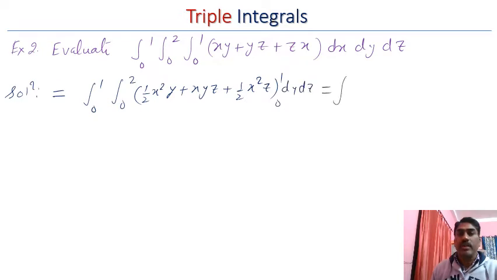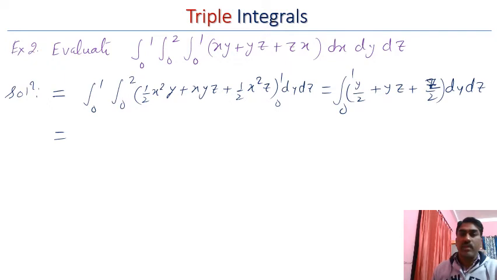So we get the integral of y by 2 plus yz plus z by 2, dy dz. Now again you can evaluate any one first, either y or z.